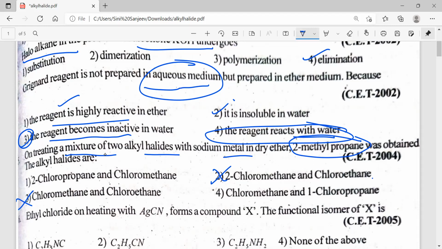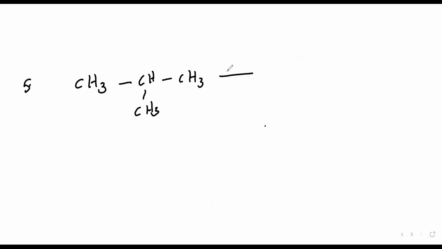Let me write down the reaction here. I'm getting 2-methyl propane. If you write down the reaction, you will get it. Draw the 2-methyl propane. How do we get this?